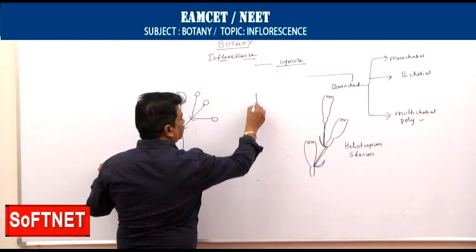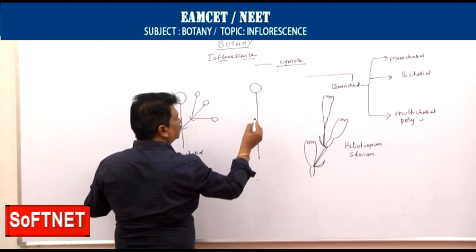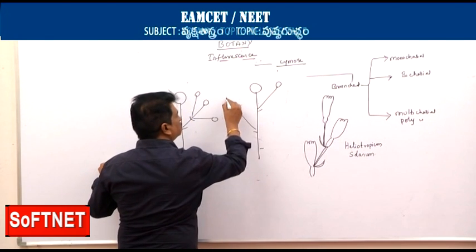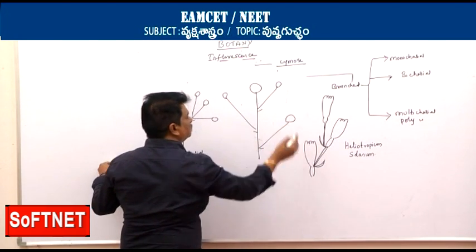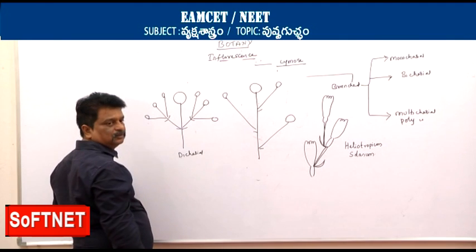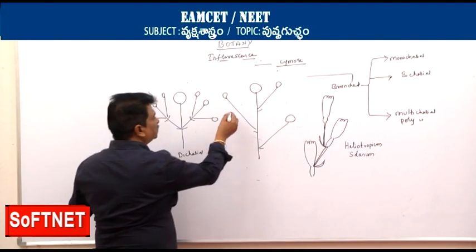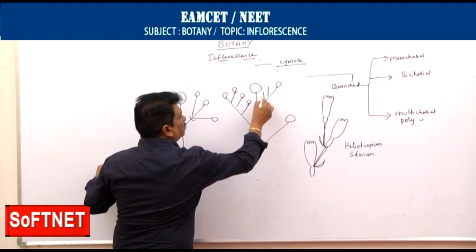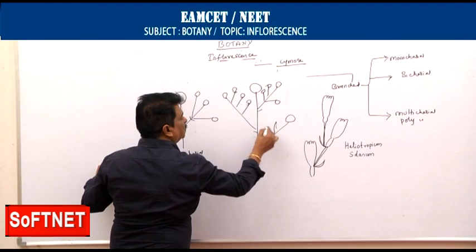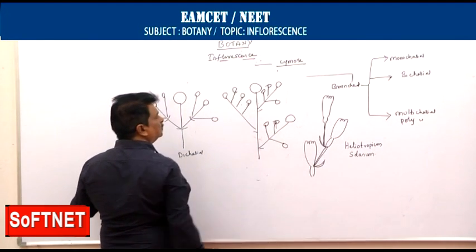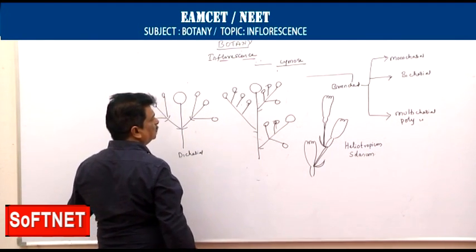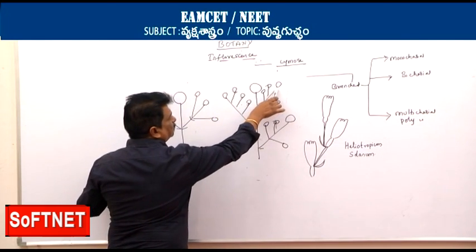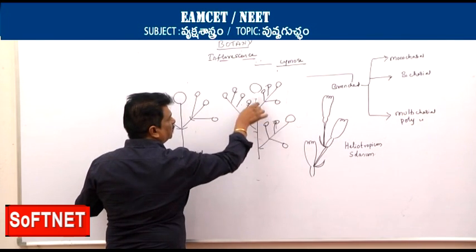Trichasial, minimum 3. So in trichasial first generation, we have 4 flowers and 3 branches. Second generation means every branch produces 3 branches with flowers. After the second generation, how many flowers? 4 plus 9 gives 13.